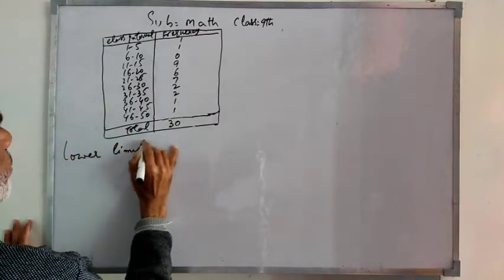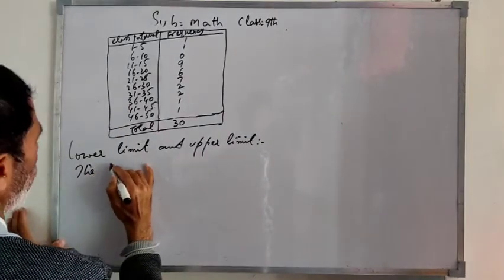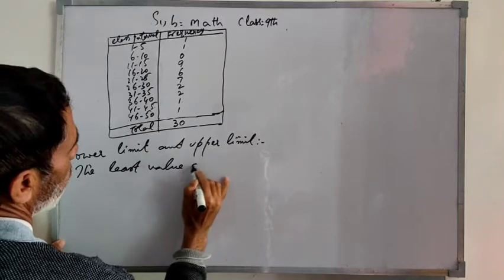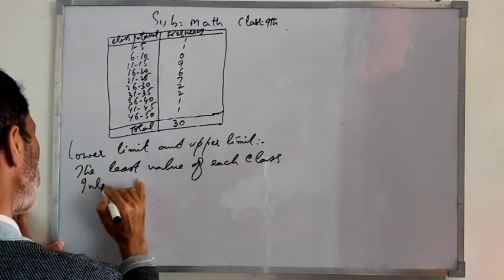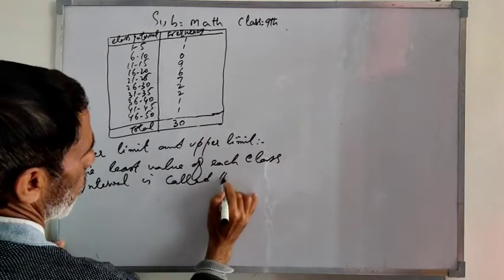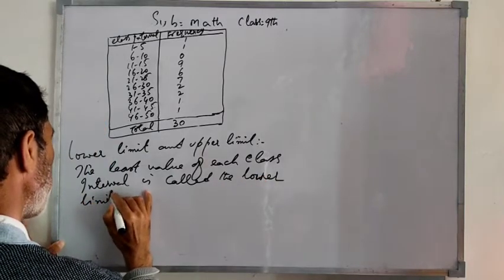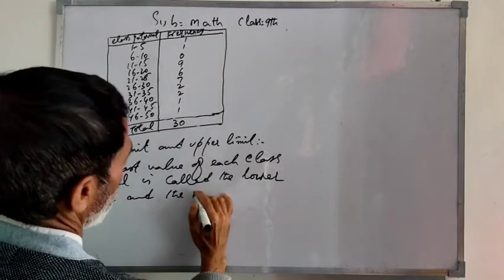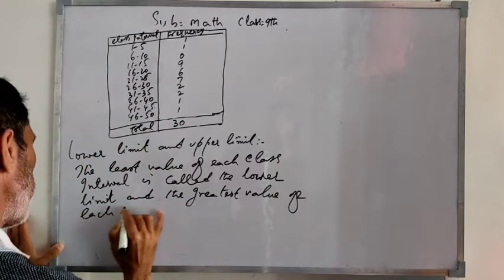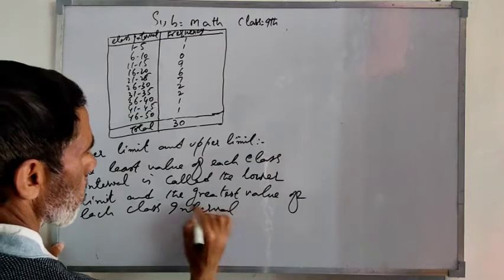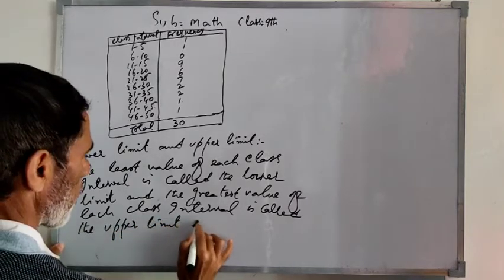The least value of each class interval is called the lower limit, and the greatest value of each class interval is called the upper limit of each class.